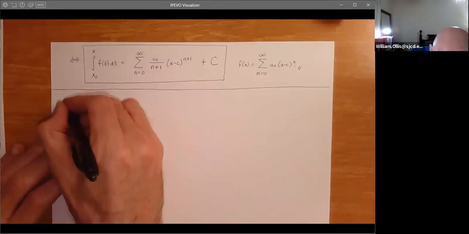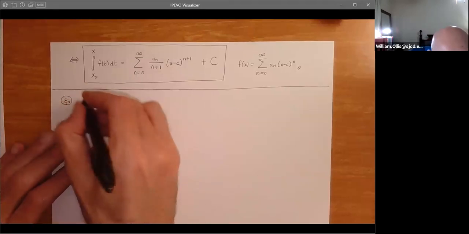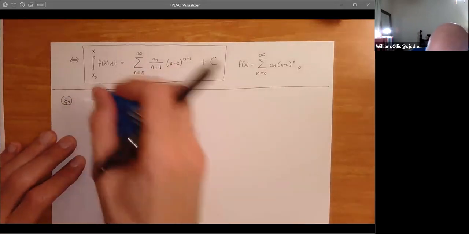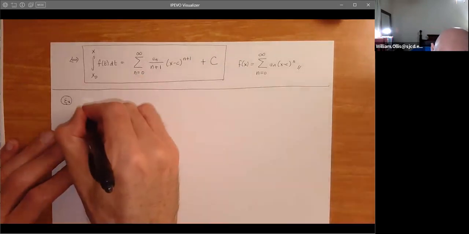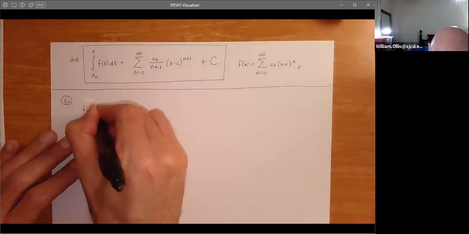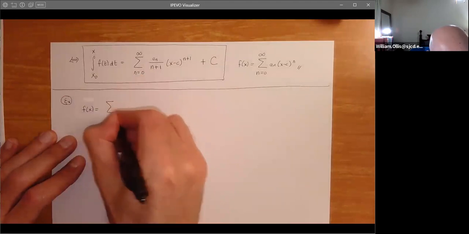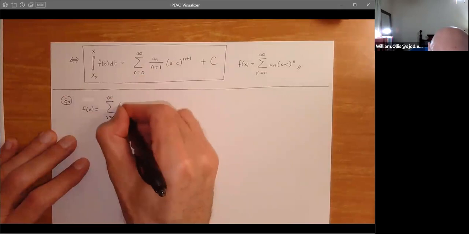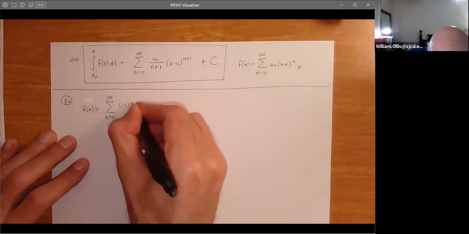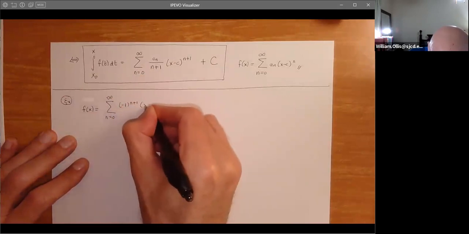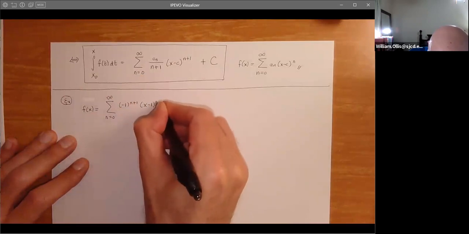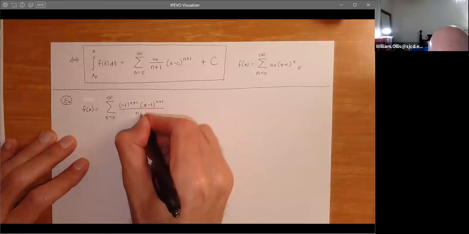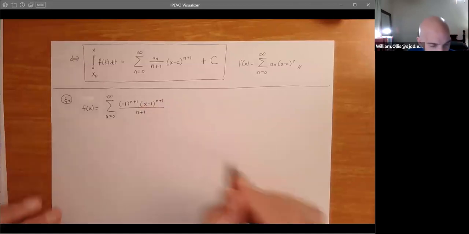Let me call it F. We're not saying that it converges to a particular function yet, but we will designate it as F. So this will be the sum from n equals 0 to infinity of negative 1 to the n plus 1, times (x minus 1) to the n plus 1, divided by n plus 1. Lots of n plus 1s.